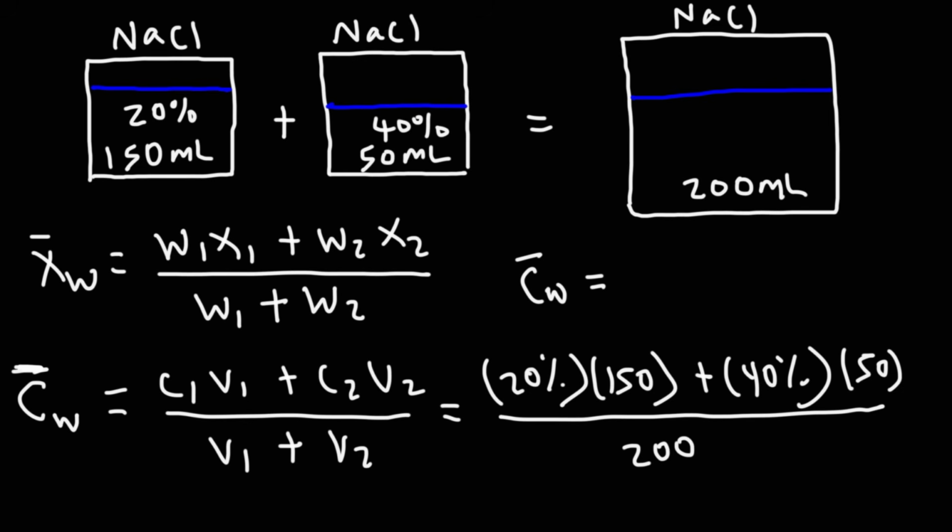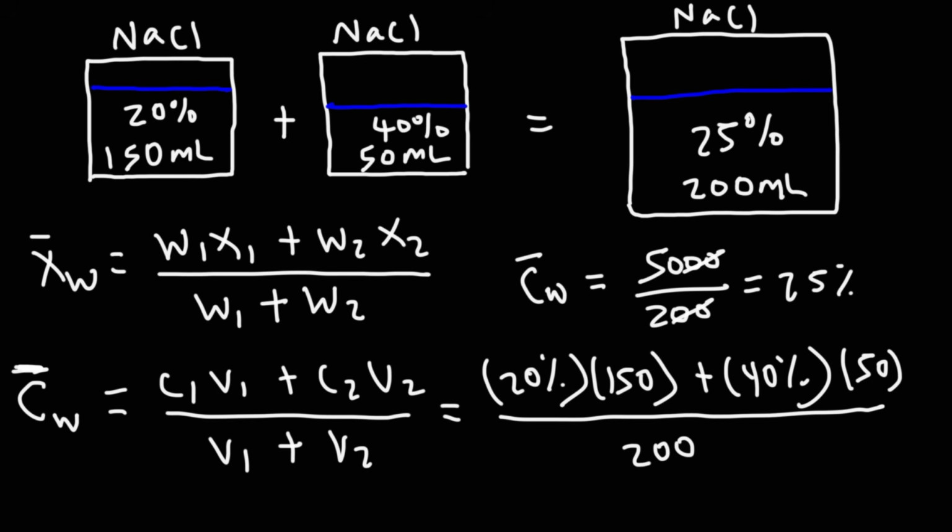So 20 times 150 is 3,000, and 40 times 50 is 2,000, so that gives us 5,000 on top, divided by 200. If we cross out the two zeros, this is 50 over 2, which is 25. So the concentration of the new solution is going to be 25%.